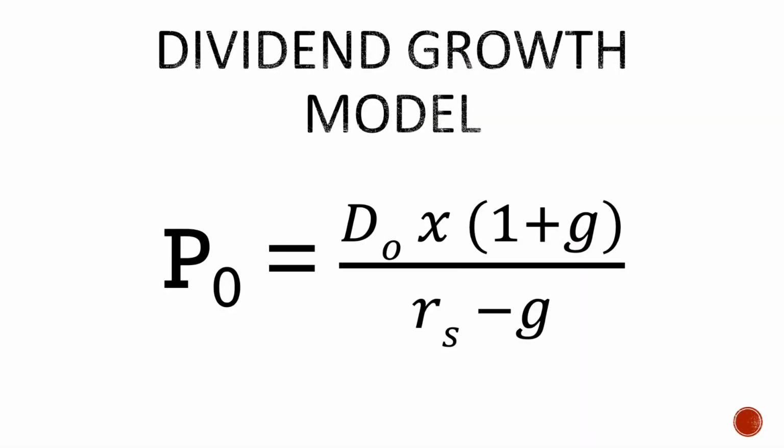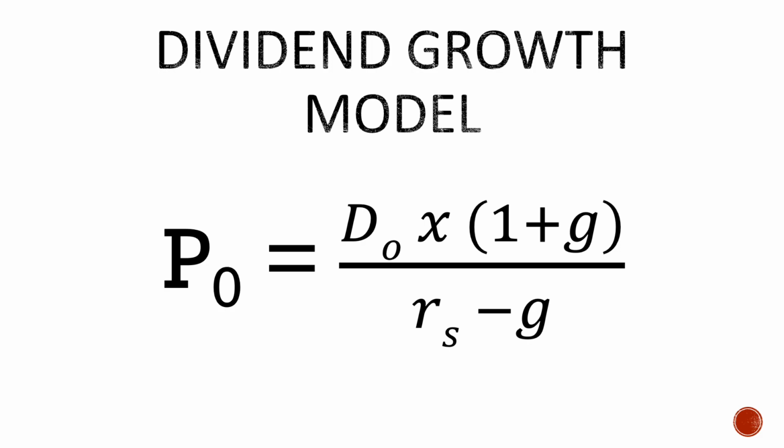Let's go back to the dividend growth model to understand what makes the price or the value of the stock higher. P sub 0, the current stock price, is equal to D sub 0 times (1 plus g), which is the calculation of the dividend next year, over R sub s, the required return of the stock, minus g.